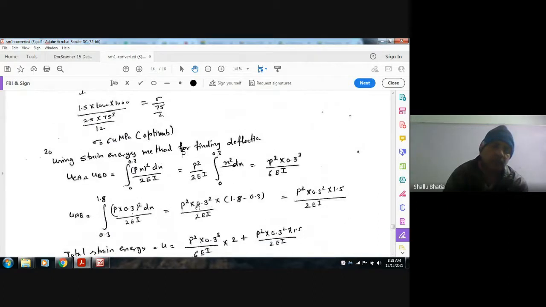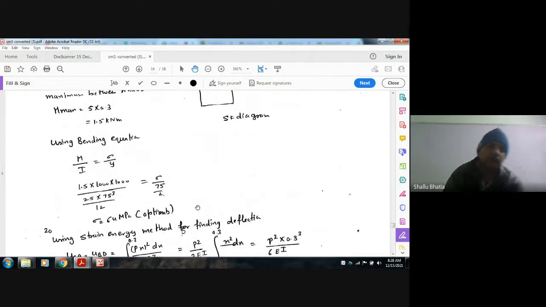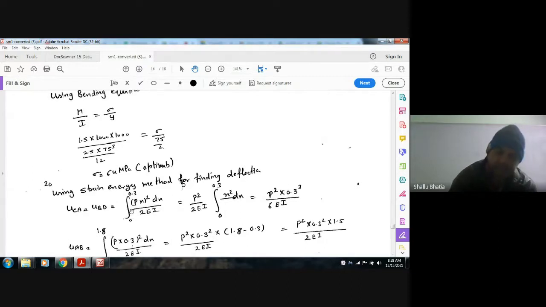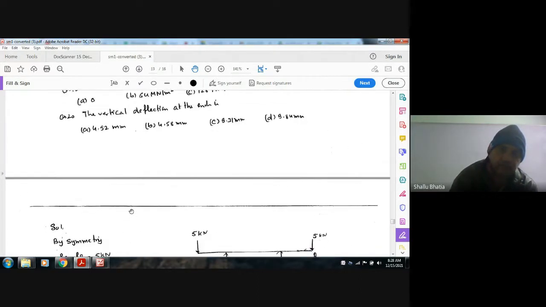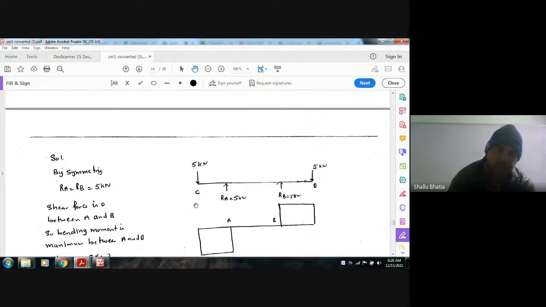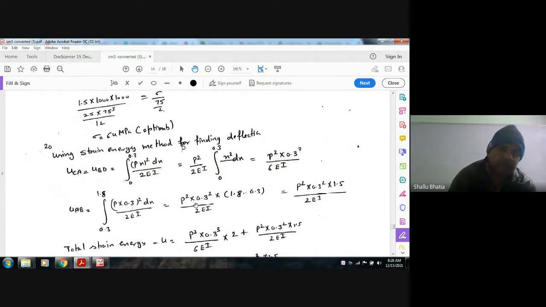Now, if we want to calculate the deflection, we use the strain energy method or unit load method. The strain energy for portion CA, this portion here, is the integral of P squared x squared by 2EI, because the moment is this. So this is the strain energy in this portion.